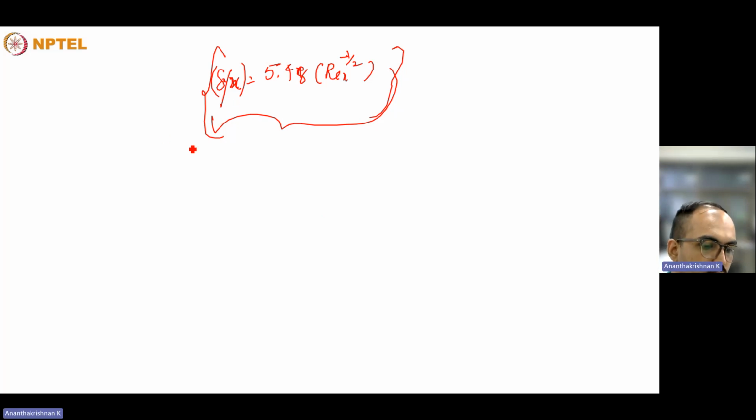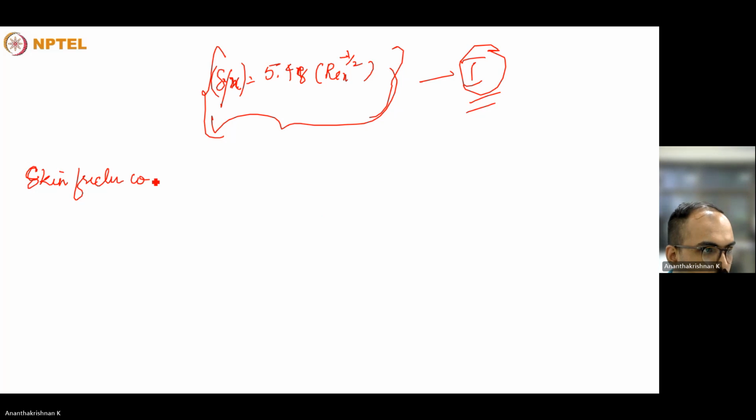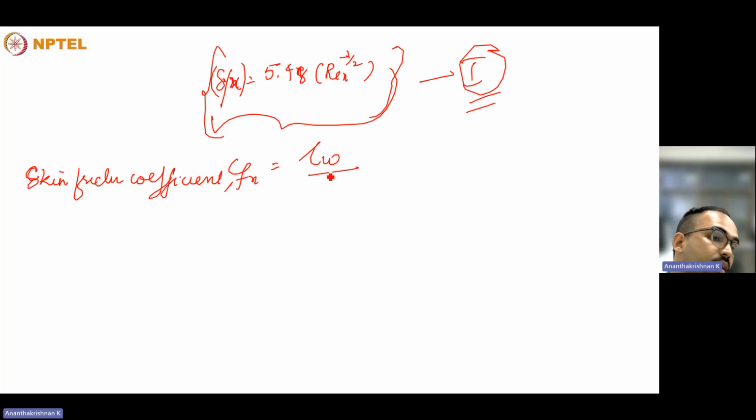Now the second part of the problem, we have to determine the skin friction coefficient. Cfx is equal to the shear stress at the wall divided by half rho u infinity squared.